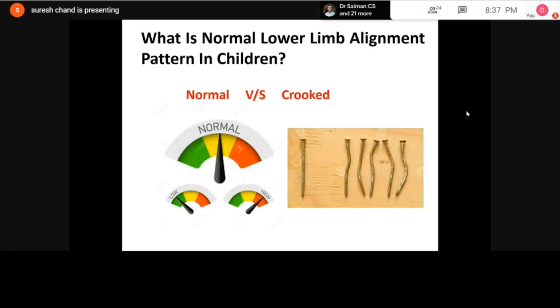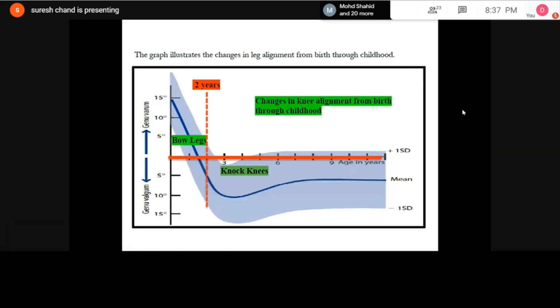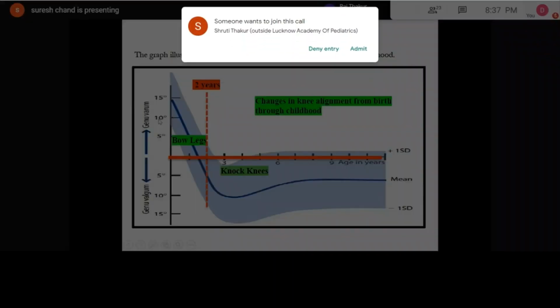So now comes the question of what is the normal lower limb alignment pattern in children, and when we call it crooked, and how much is the normal range. So this is a very famous graph from the study of Selenius, which was published in 1975, and which shows the normal progression of lower limb alignment. It clearly shows that there is physiological genu varum.